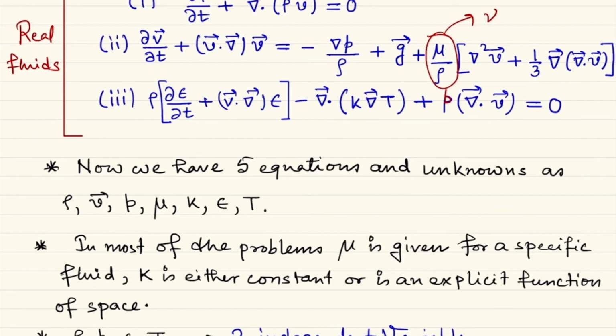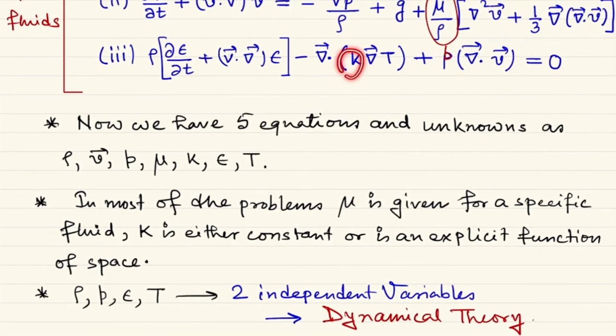K is in most cases a known explicit function of space or a constant, because there are experiments by which you can find the functional form and dependence of K. So it does not really complicate the scenario.